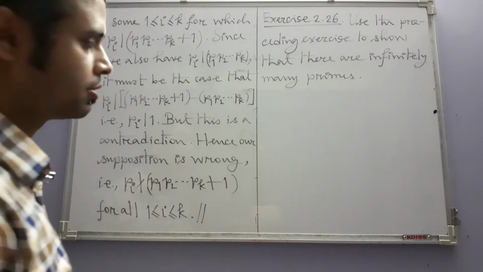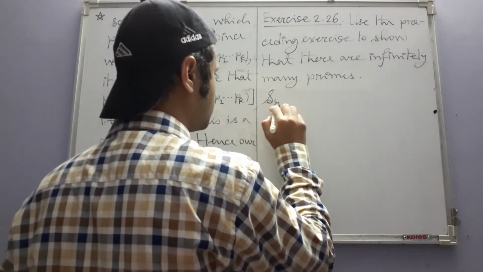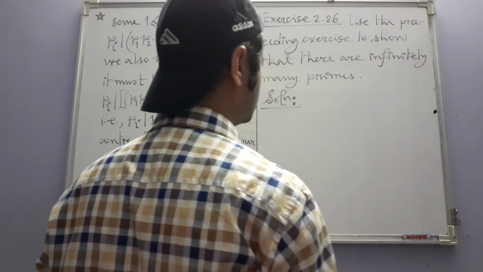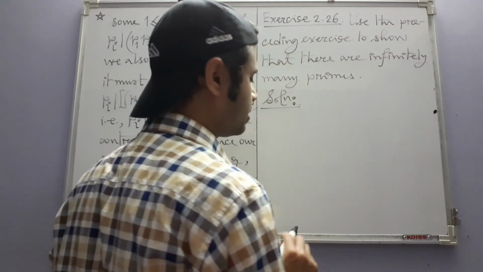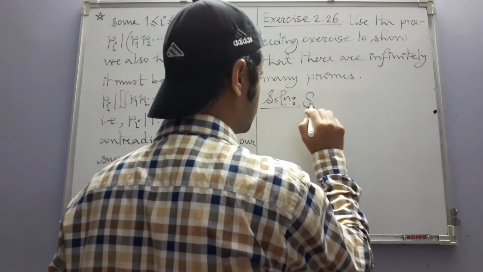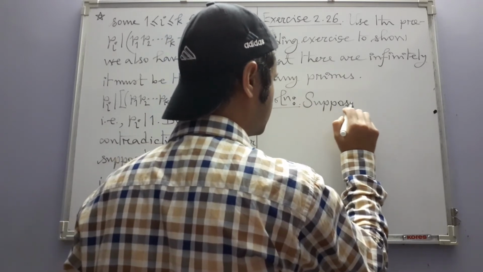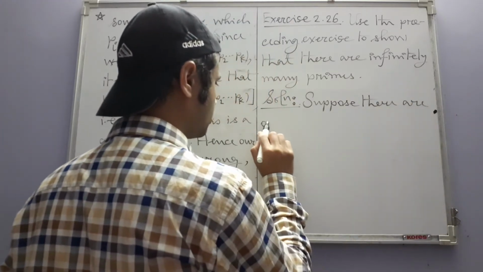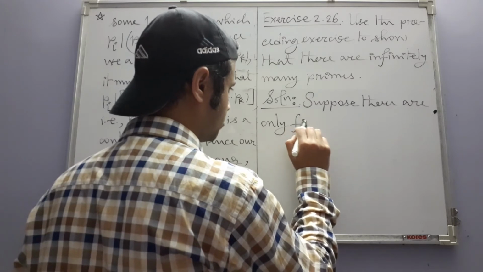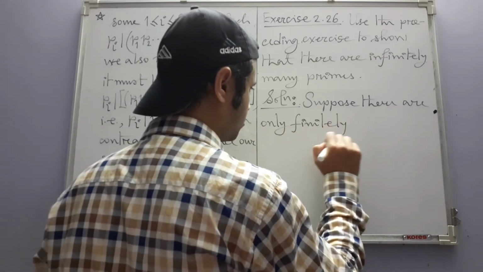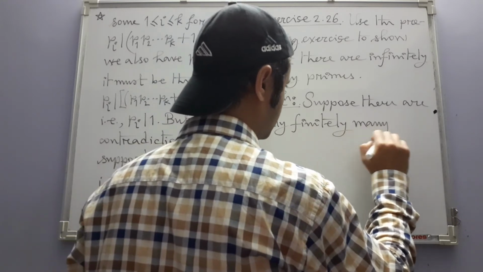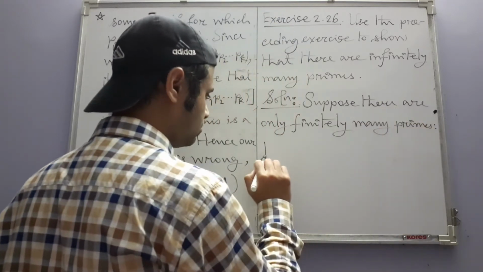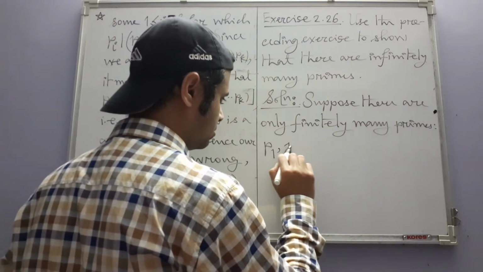So this is from Euclid. So suppose there are only finitely many primes, and let those primes be these.